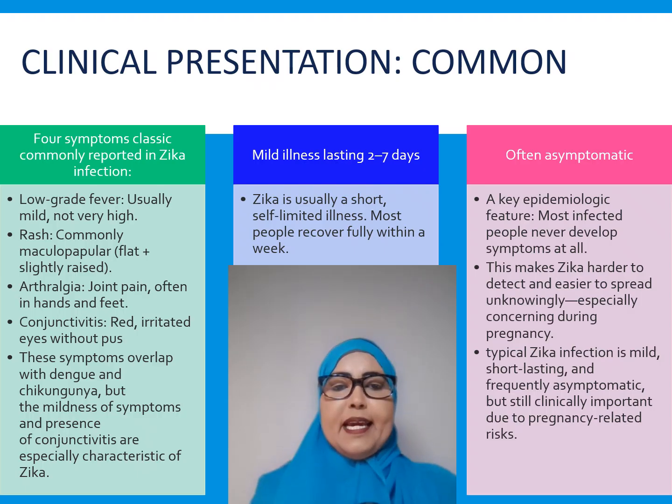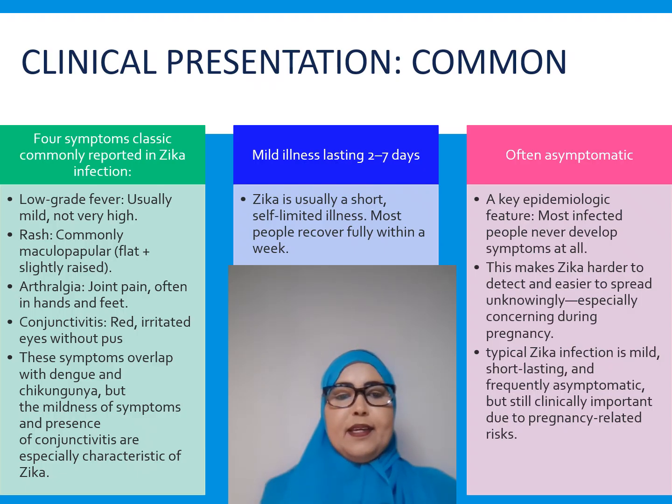These include low-grade fever, usually mild, not very high; rash, commonly maculopapular, a flat, slightly raised lesion, small and slightly raised; and arthralgia, joint pain, often in the hands and feet.